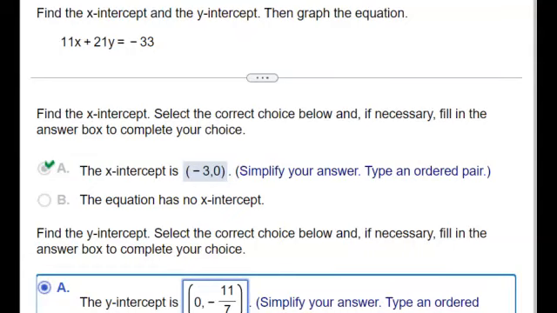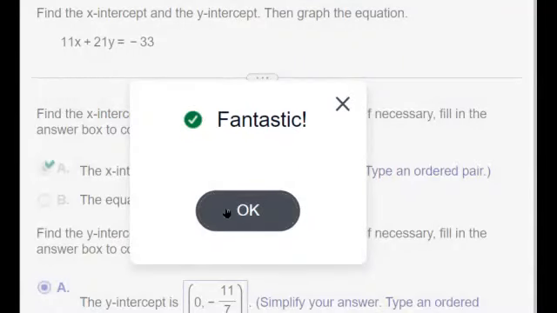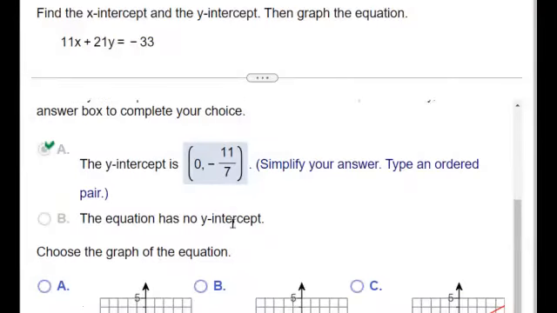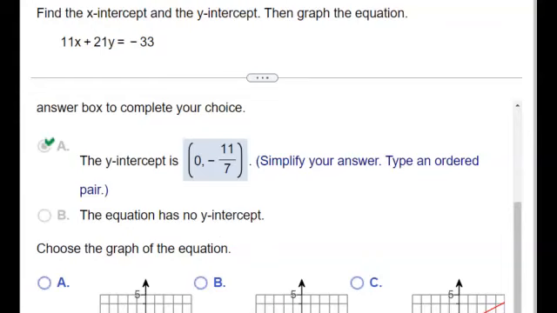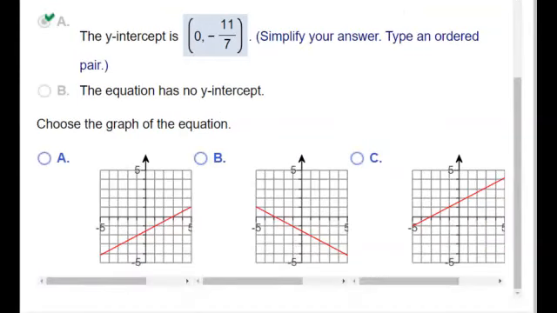So there is my y-intercept. And now they want me to choose the graph.